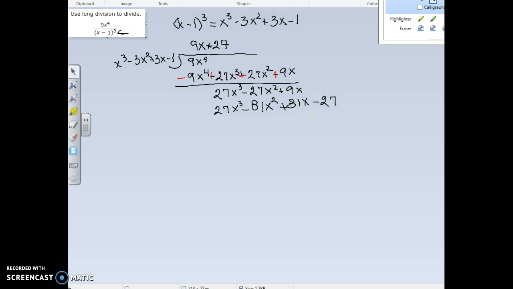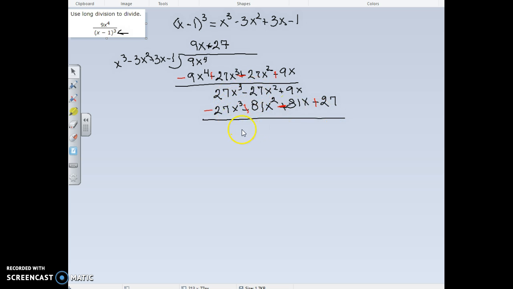Once again, we are going to be subtracting, so go ahead and change each one of these signs. It turns into a minus, into a plus, into a minus, into a plus. Let's go ahead and add them together. My cubes are eliminated.